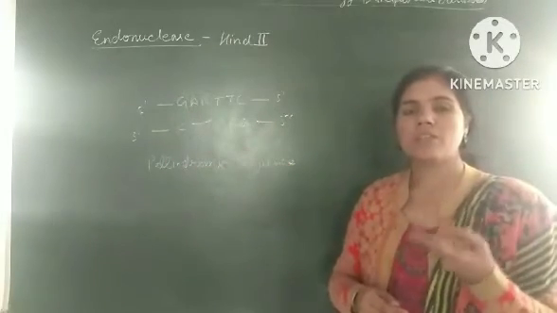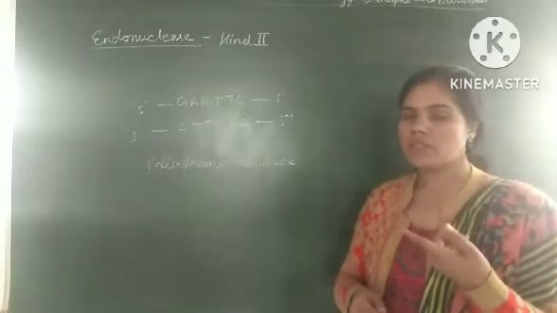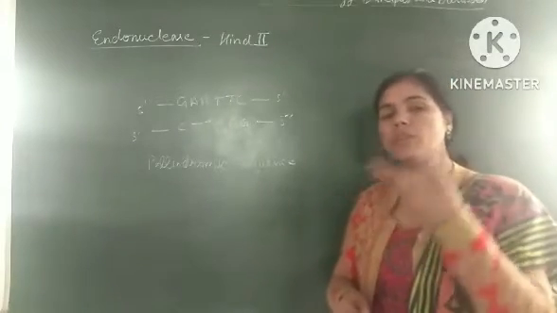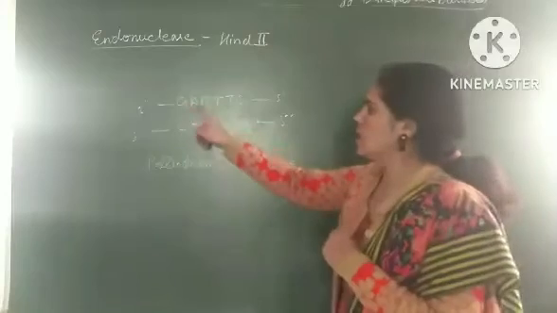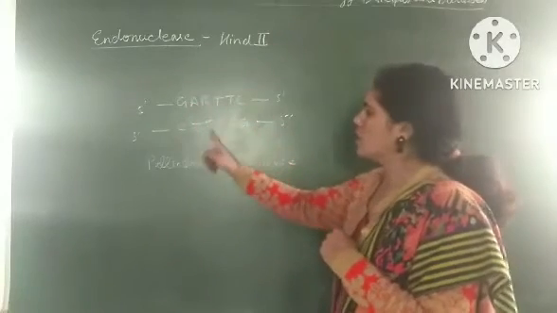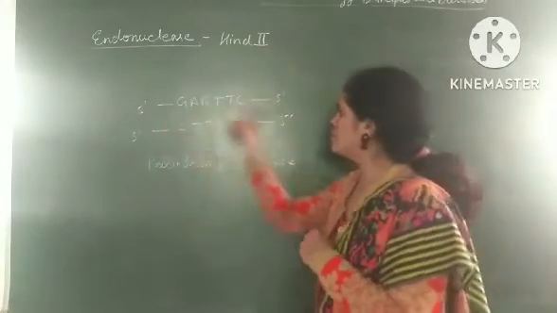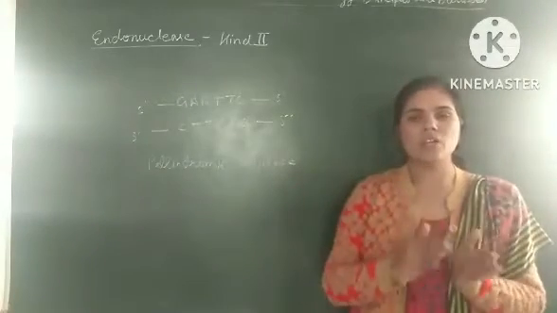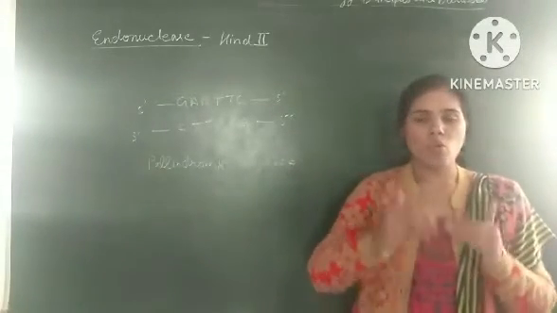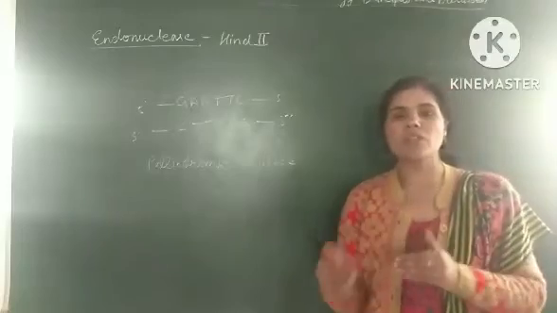So a palindromic sequence has the same sequence from 5' to 3' on both DNA strands. GAATTC, another GAATTC, 5' to 3', 5' to 3'. Each endonuclease enzyme has its own unique palindromic sequence.